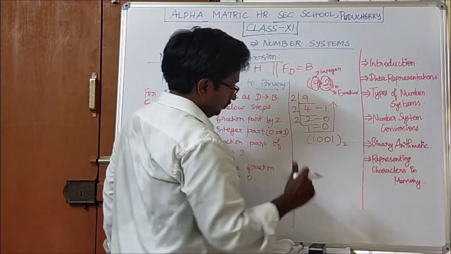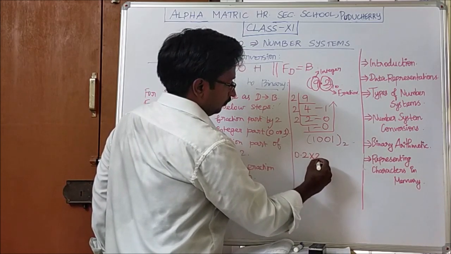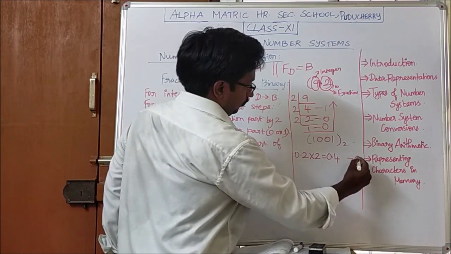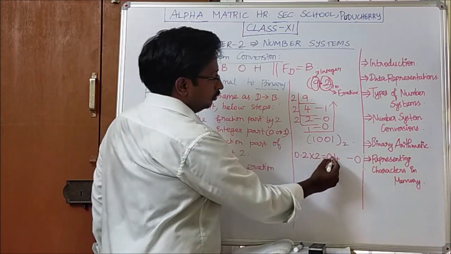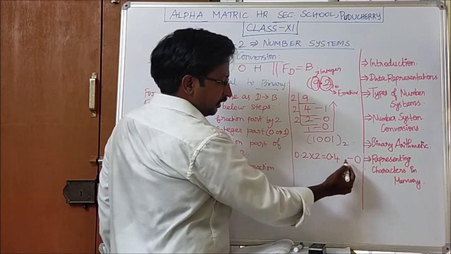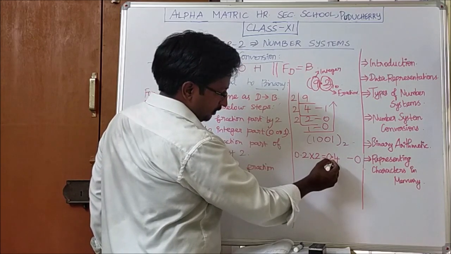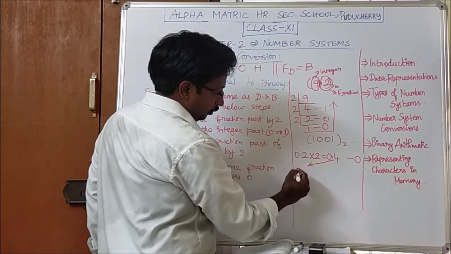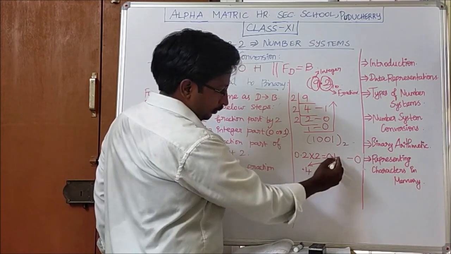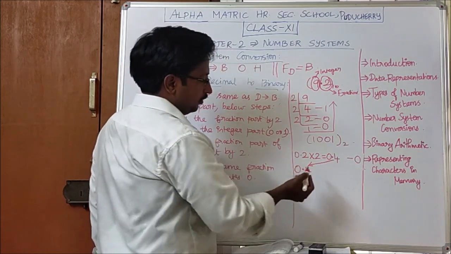I will write smaller so that it will be easy. You have to discard the integer part of the result separately, and take this 0.4 only, because the integer part is nothing, it is 0 obviously.